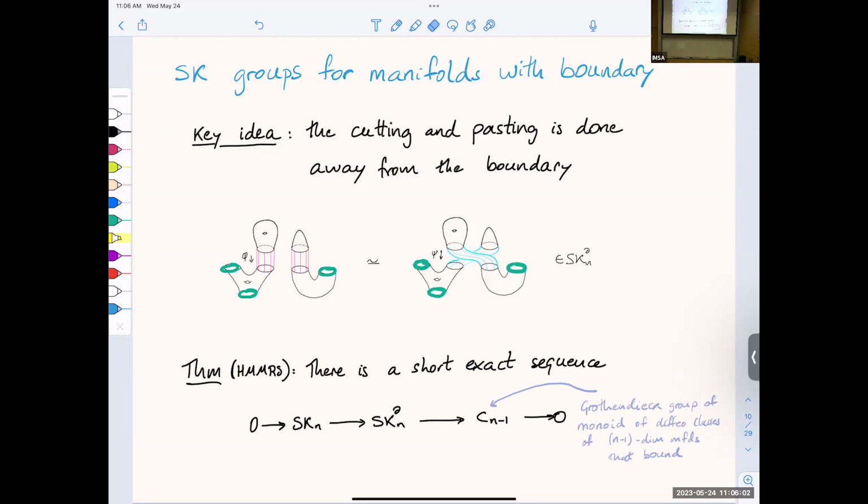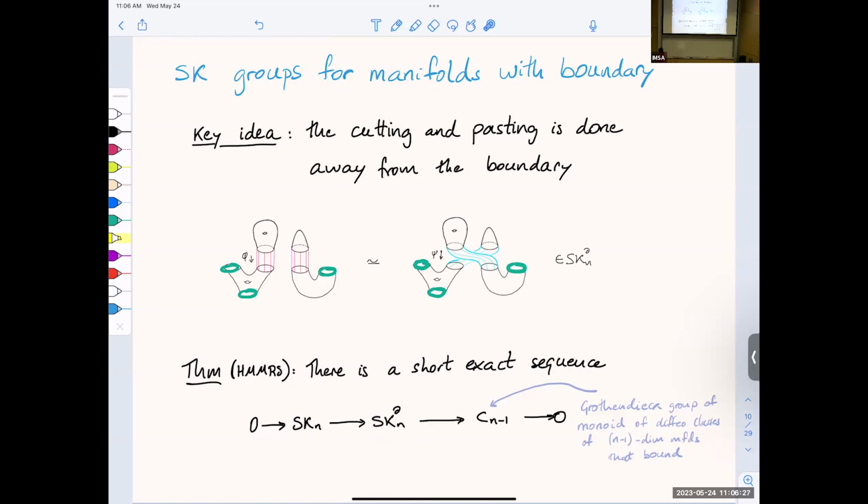Now we've given you the definition of what our SK boundary group is. In our first collaboration paper, we determined a short exact sequence which relates our new group, the SK boundary group, and the classical SK group, the classical cut and paste group.